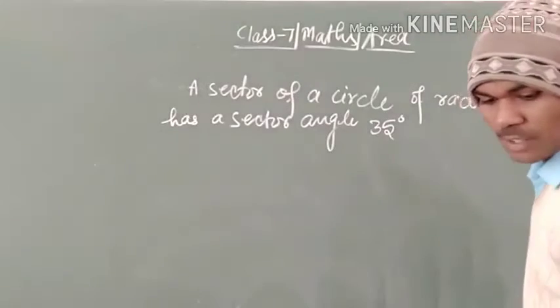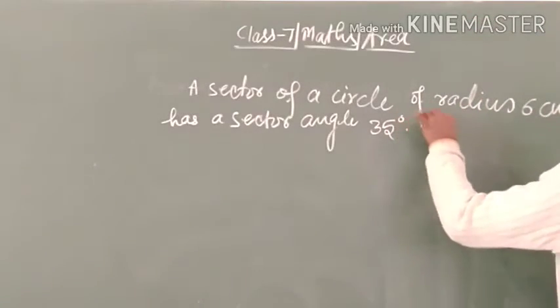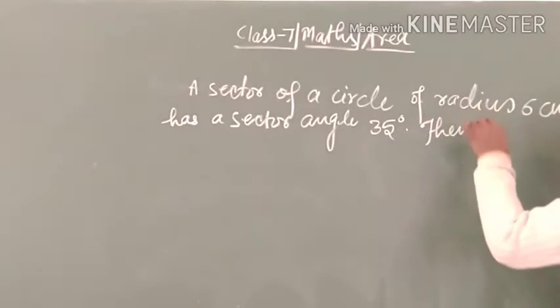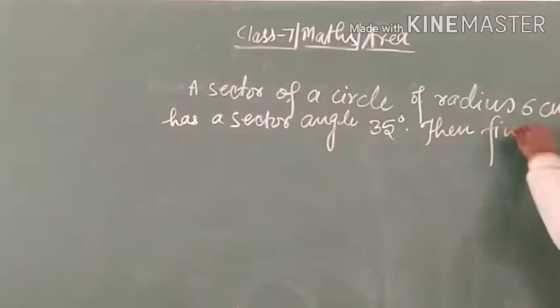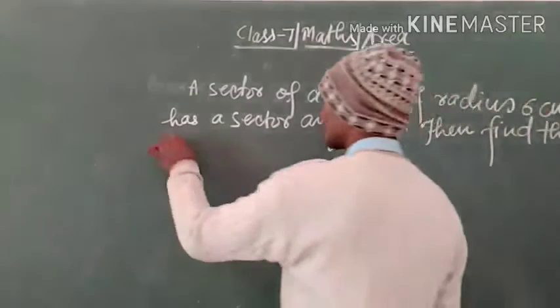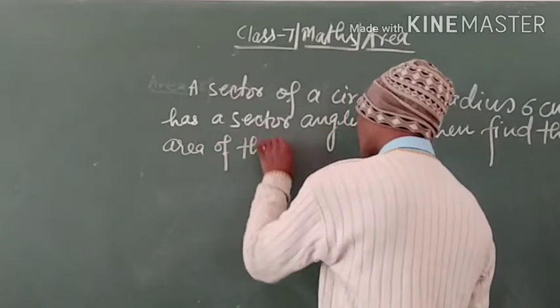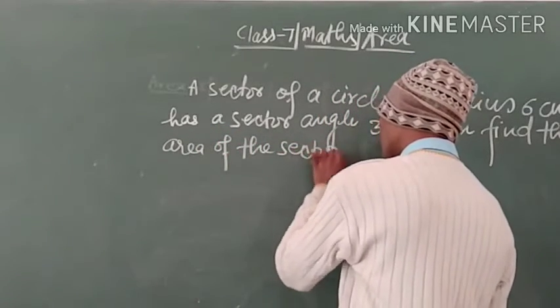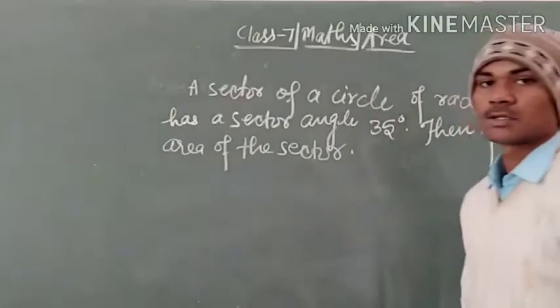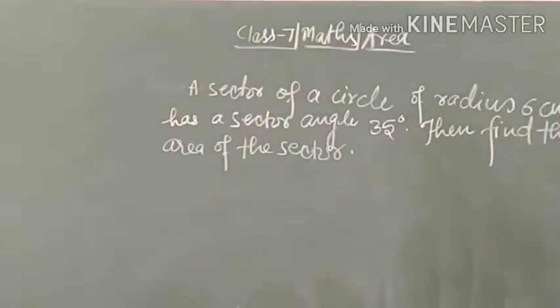Then find the area of the sector. This is the given question. The question says that a sector of a circle of radius 6 centimeter has a sector angle 35 degree.